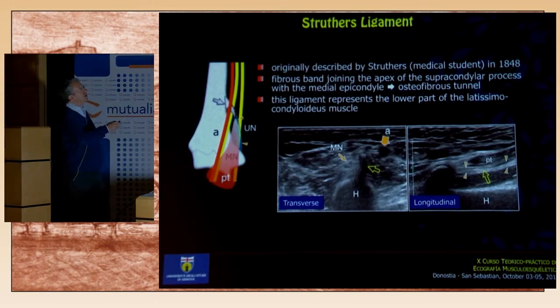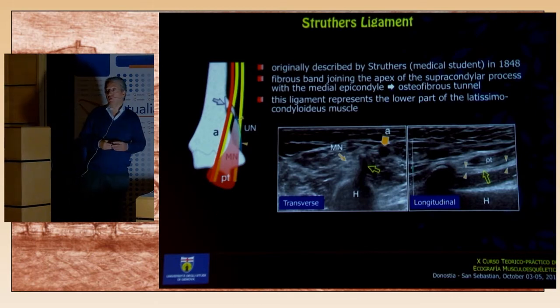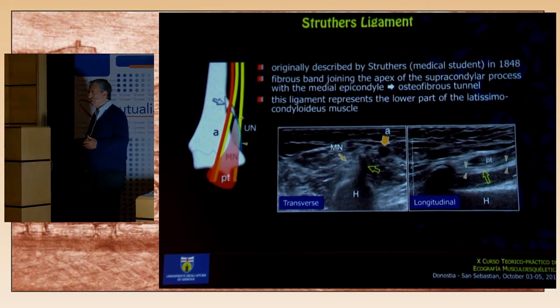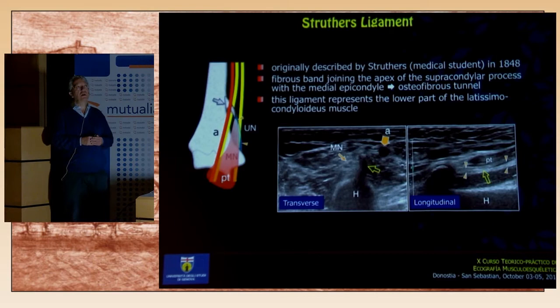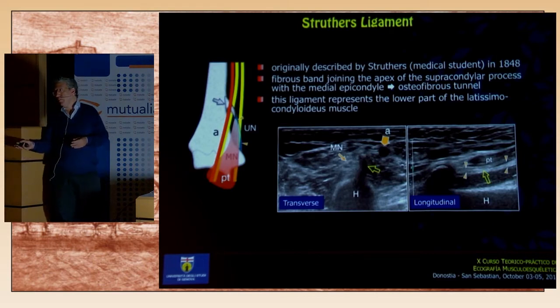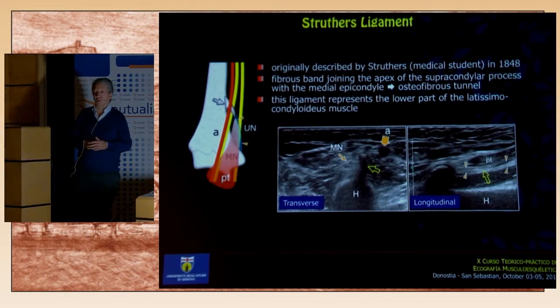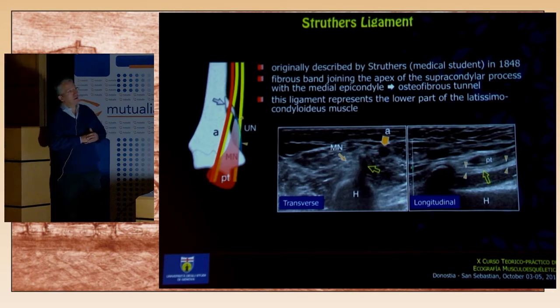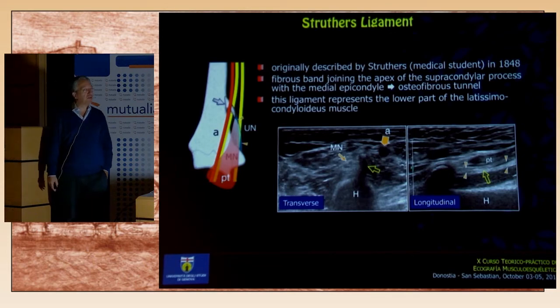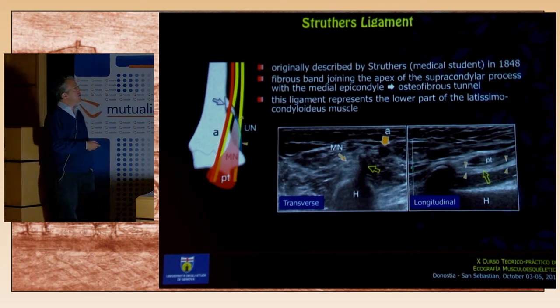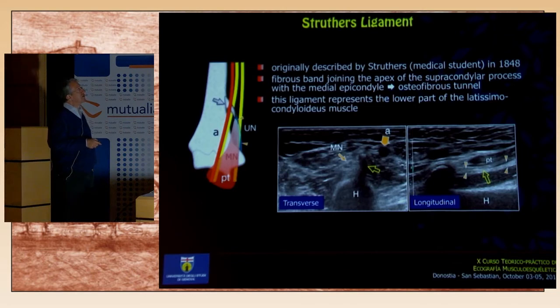This area is incredible. The area close to the medial epicondyle contains a lot of variants, a lot of accessory muscles. Javier mentioned the epitrochlearis, but there are also the chondroepitrochlearis, a muscle passing here and going to insert into the medial epicondyle.